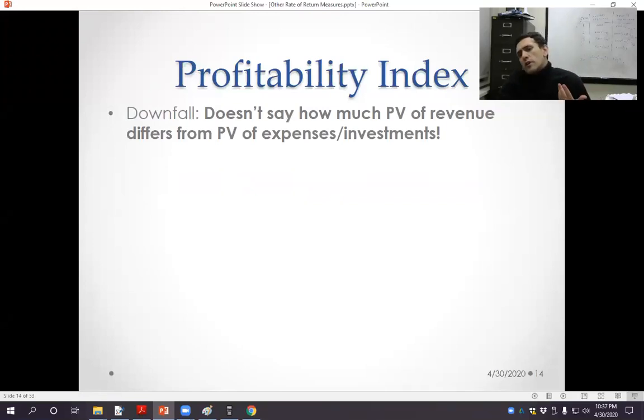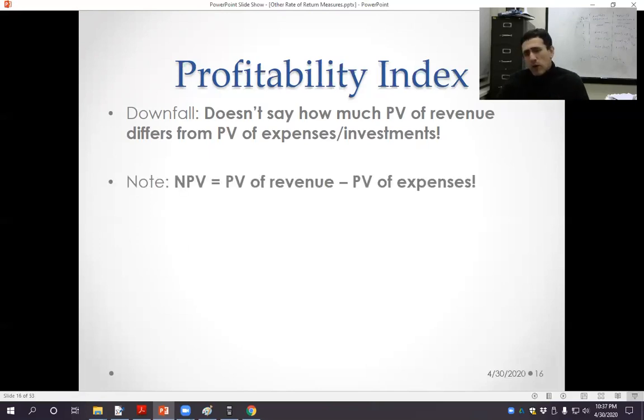Well, the downfall of it is that it's just a ratio. It doesn't tell you how much the present value of revenues actually differs from the present value of expenses. Okay. And well, net present value does just that, if you think about it. Remember, the formula to compute net present value was you take the present value of your cash flow.